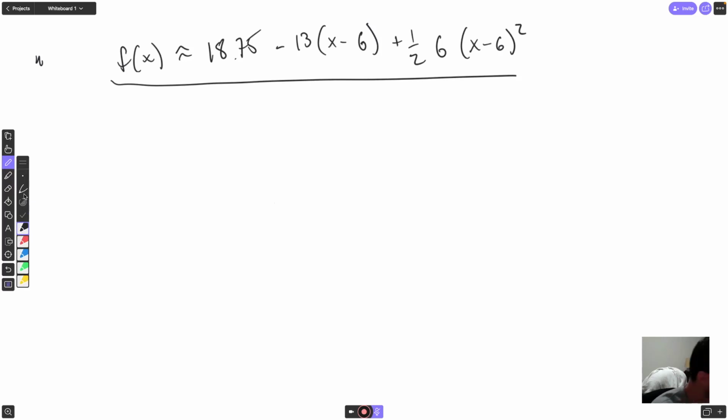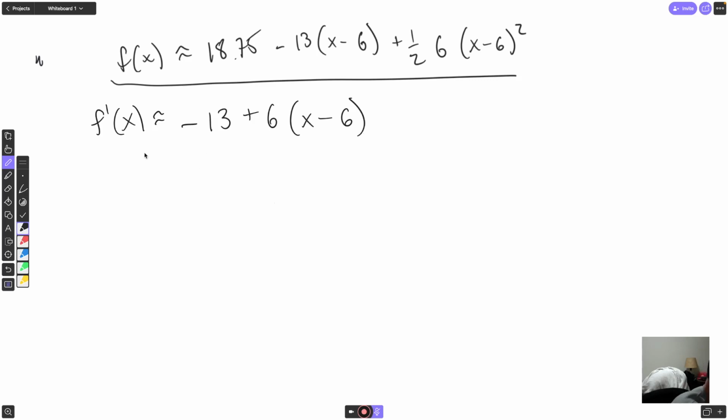Okay, so we're taking the derivative of this function and setting it equal to 0. This goes away, and f prime of x is equal to negative 13, and then the 2 comes down, plus 6 times x minus 6. Now it's just simple distribution.